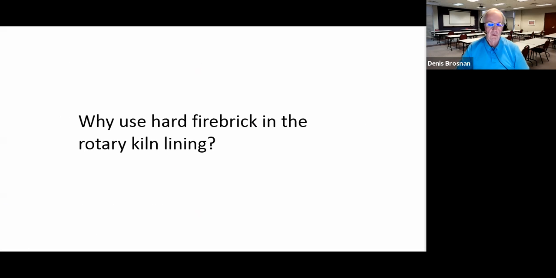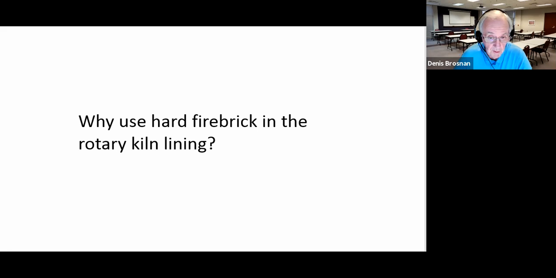So I thought I'd say to you, why are we using hard refractory in this rotary kiln? Well, the reason is that limestone is very abrasive. We're banging rocks around inside this kiln as it turns, and they're falling down and striking refractories. So hard refractories typically have a lot of abrasion resistance.